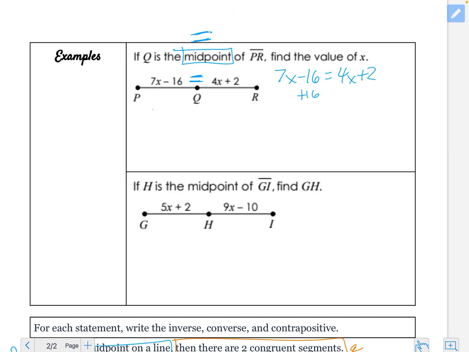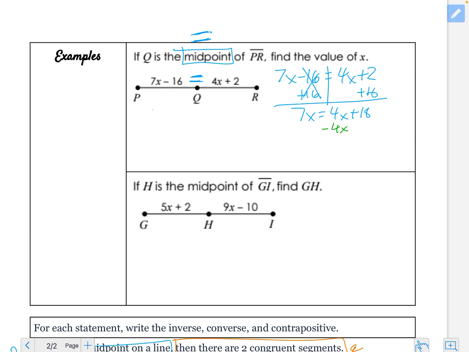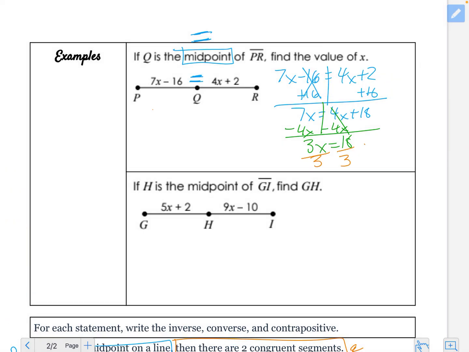I'm going to add 16 to the other side. Those cancel. I'm left with 7x equals 4x plus 18. Then I'm going to subtract 4x to the other side. The 4x's cancel. I'm left with 3x equals 18. I'm going to divide by the coefficient of 3, which tells me that x equals 6.